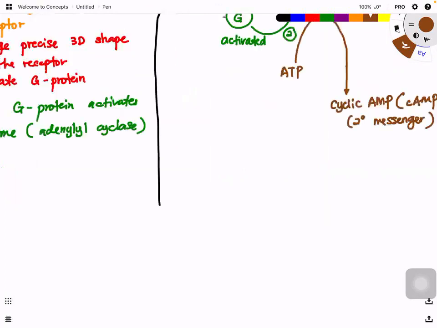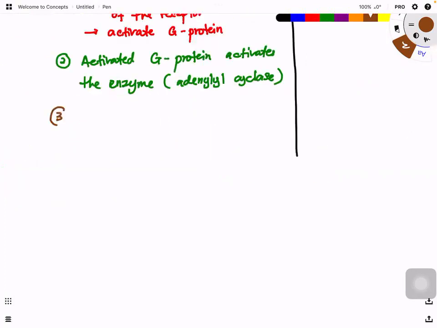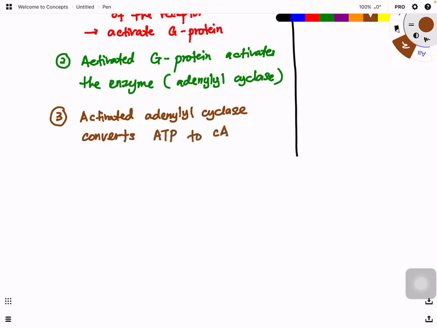Write down the third process: the activated adenylyl cyclase catalyzes the conversion of ATP to cAMP. So this cAMP is the second messenger. Are you clear?